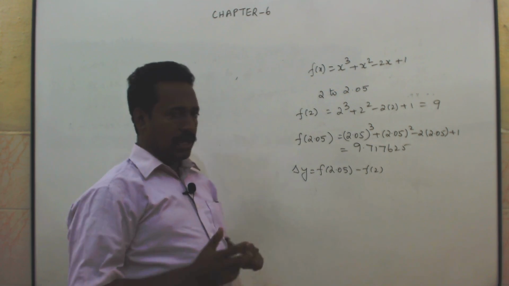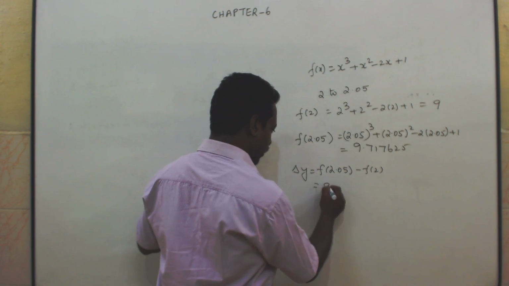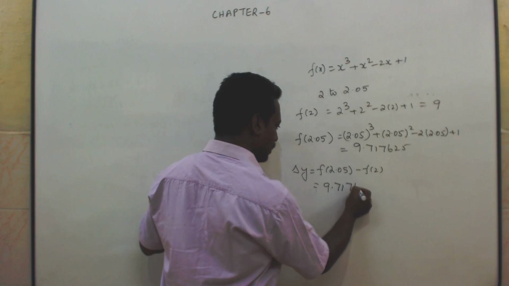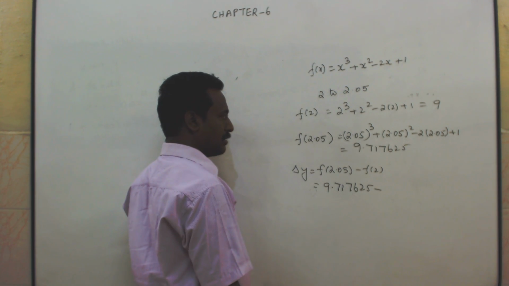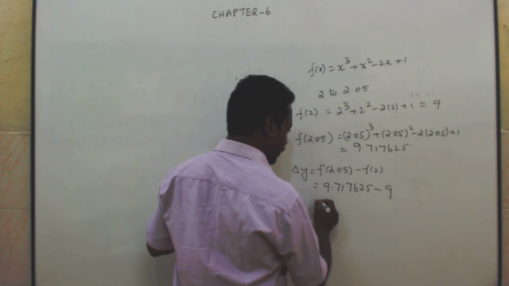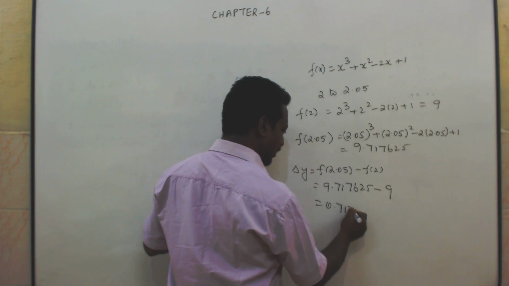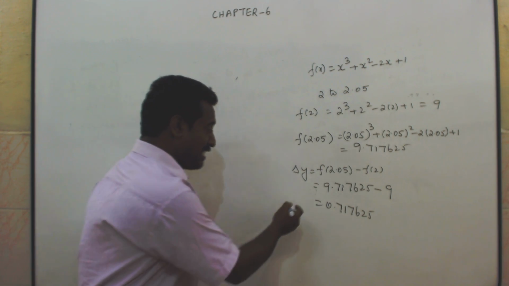Now, delta y, that is f of 2.05, value is 9.717625 minus 9, that is 0.717625. This is change in y.